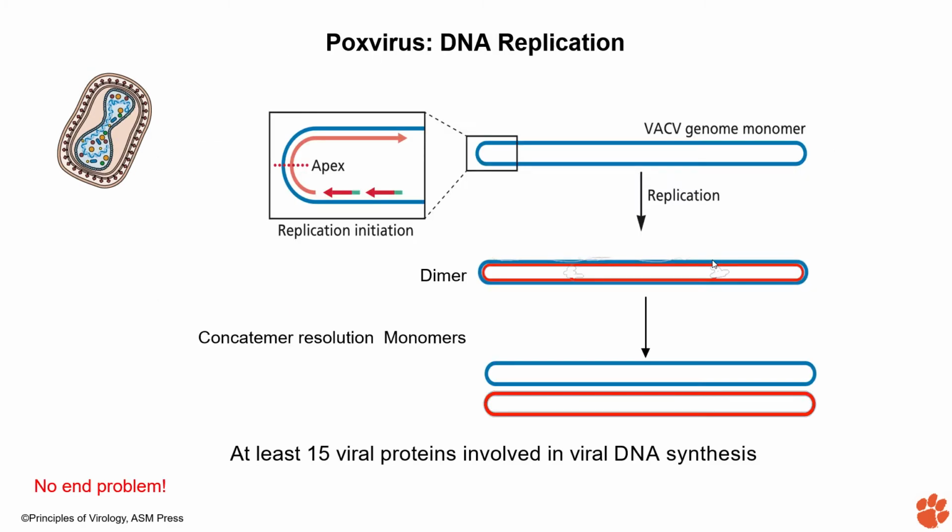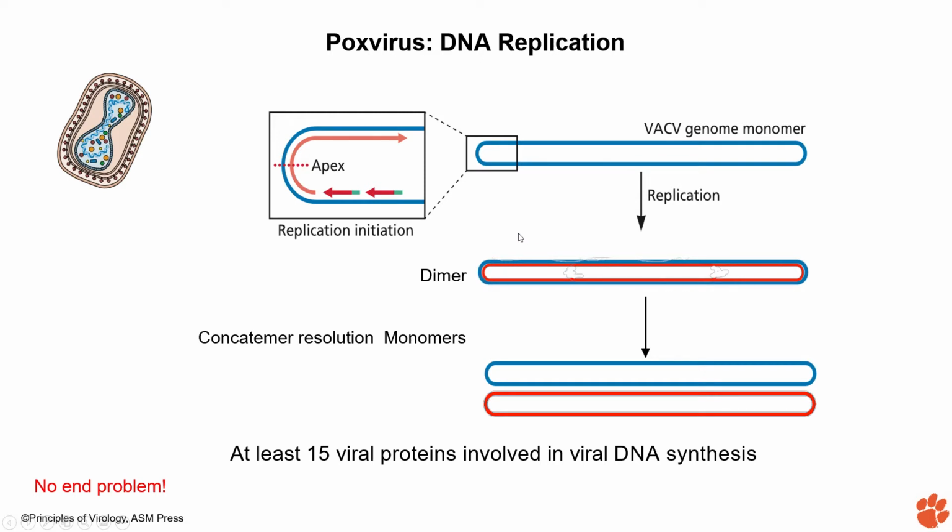Now, the pox virus DNA replication is still kind of an enigma that is not fully solved. There are two schools of thought. The DNA is, remember that, circular, or we can think about it as linear, but the ends are covalently joined.